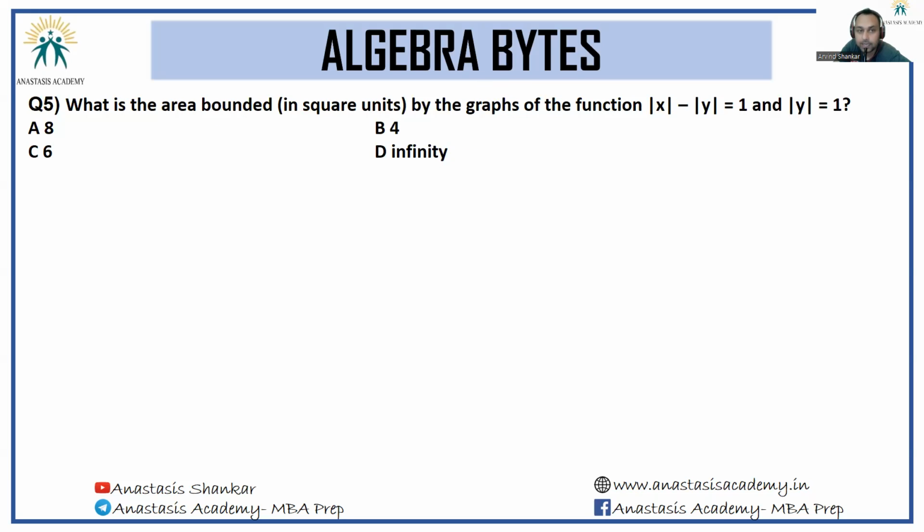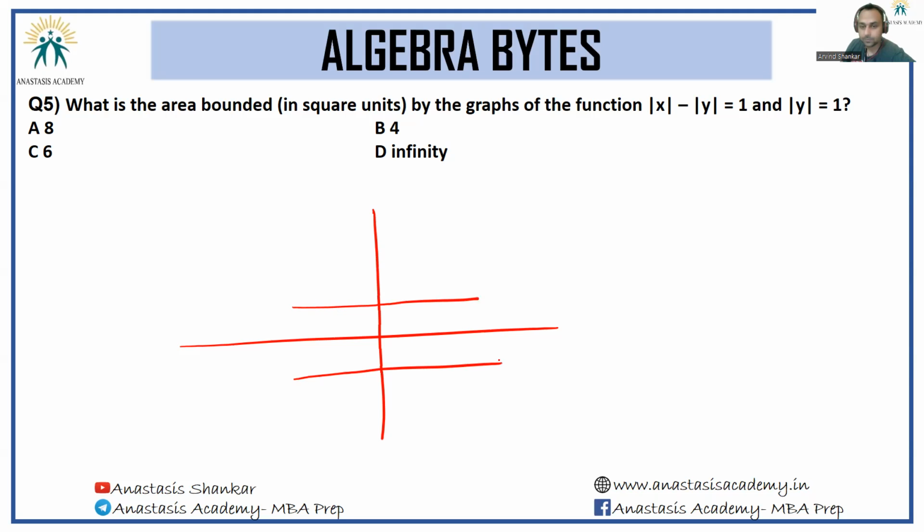Okay, what is the area bounded in square units by the graphs of the functions mod x minus mod y is equal to 1 and mod y is equal to 1? Okay, first let me draw a graph for mod y is equal to 1. It will go something like this. y equal to 1, y equal to minus 1.